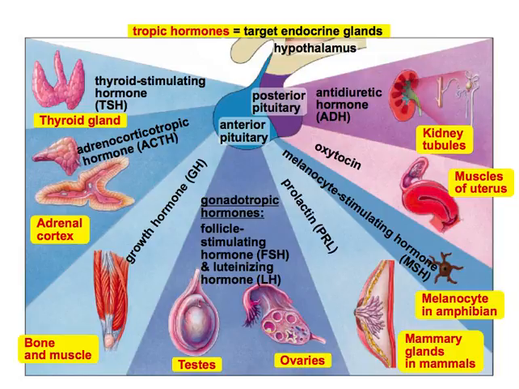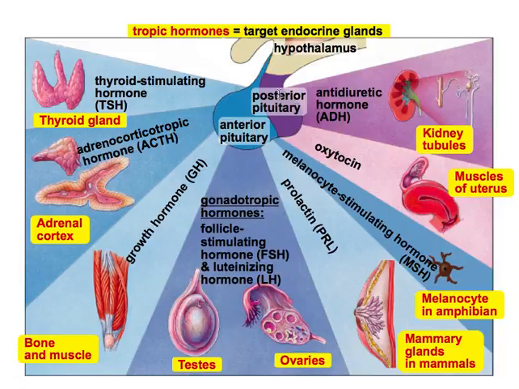You can have tropins or tropic hormones. If you remember, those are the hormones that stimulate other actions, or non-tropic hormones, which have direct actions. So tropic hormones stimulate other hormones. Non-tropic hormones have direct actions.